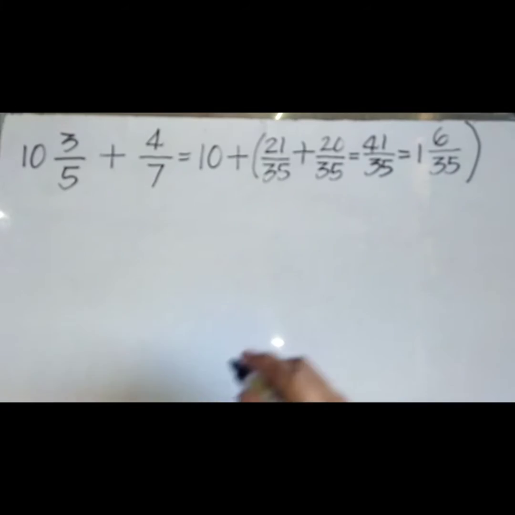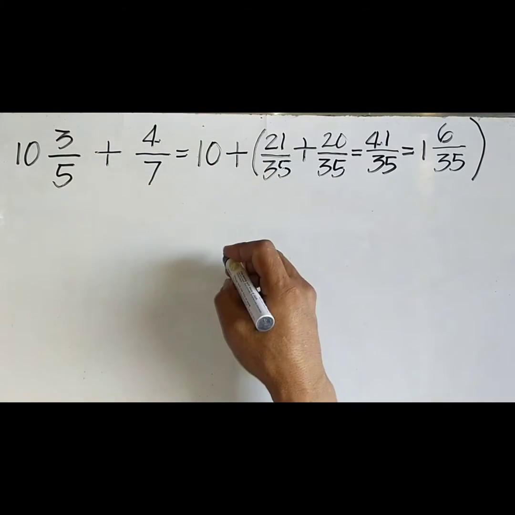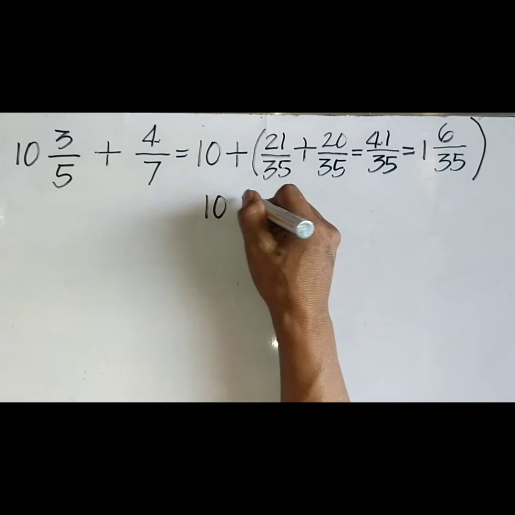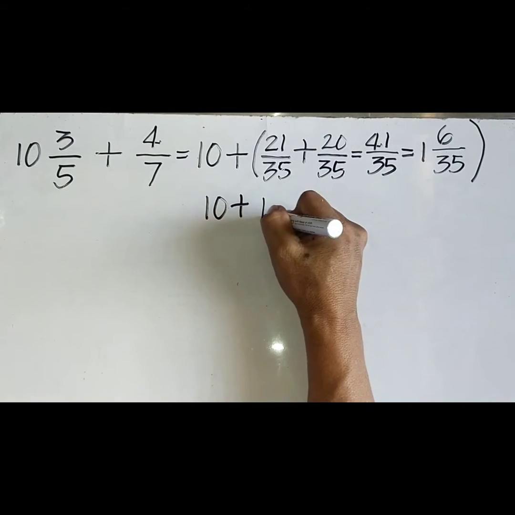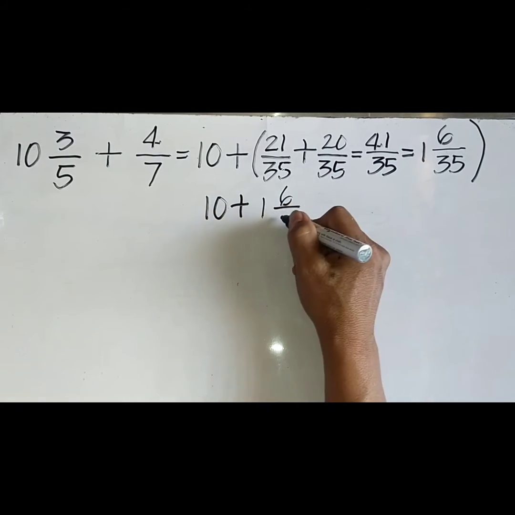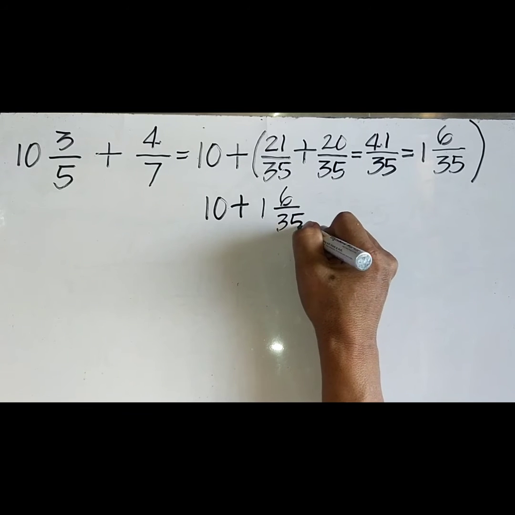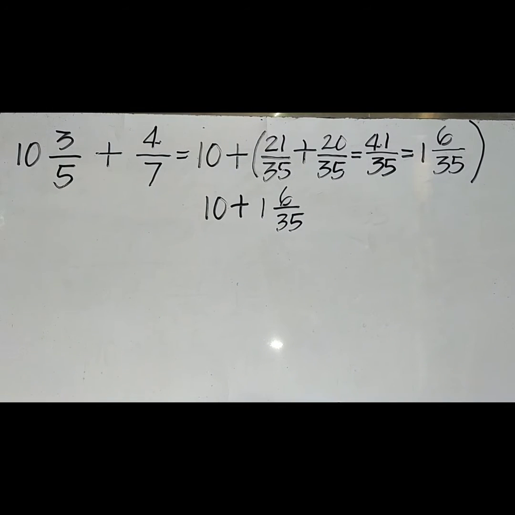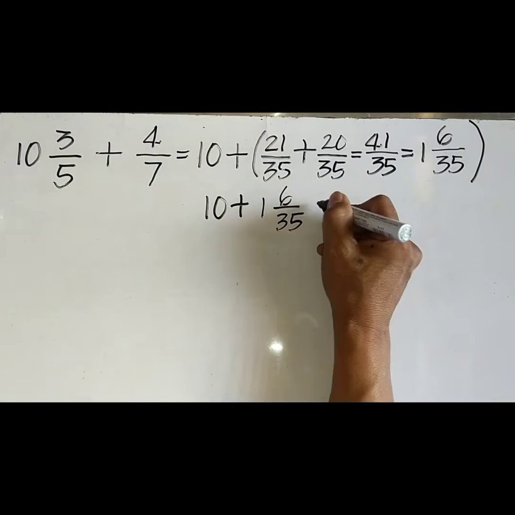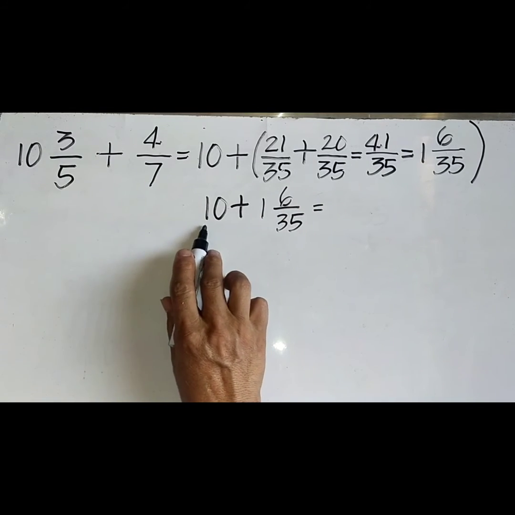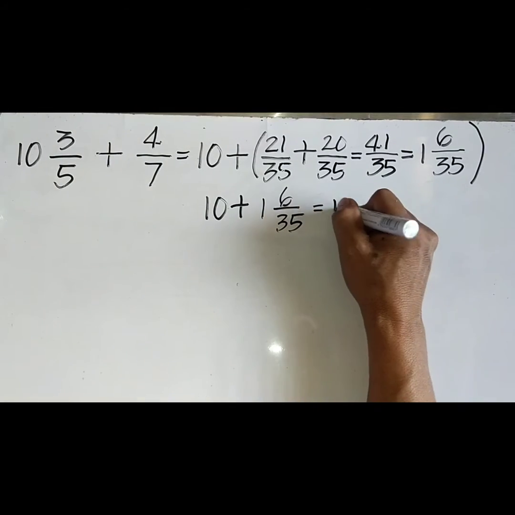So the next step that we are going to do is we will add 10 to the result, 10 plus 1 and 6/35, because this is the result when we add the two fractions. So we will simply add the whole numbers. 10 plus 1 becomes 11.